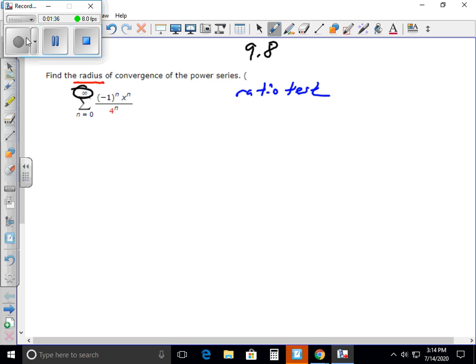And instead of calling it a sub n, since this is a function, let's call it u sub n. And that's going to be x to the n over 4 to the n. Remember in the ratio test, we do the absolute value of u sub n plus 1 over u sub n, or in the past we've had a, same difference.